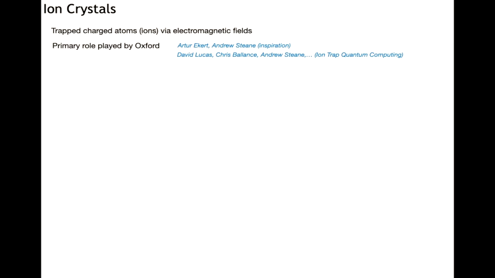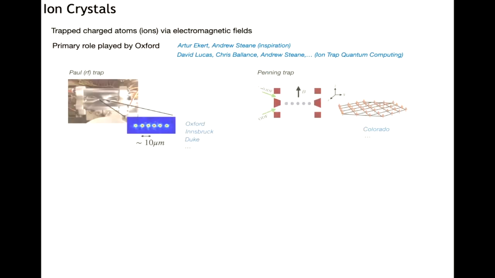So trapped ions have a similar principle, except that these are ions, not atoms, in the sense that these are ionized atoms, so they are charged, right? Let me skip the details here, but they are still trapped using some special traps for charged particles.